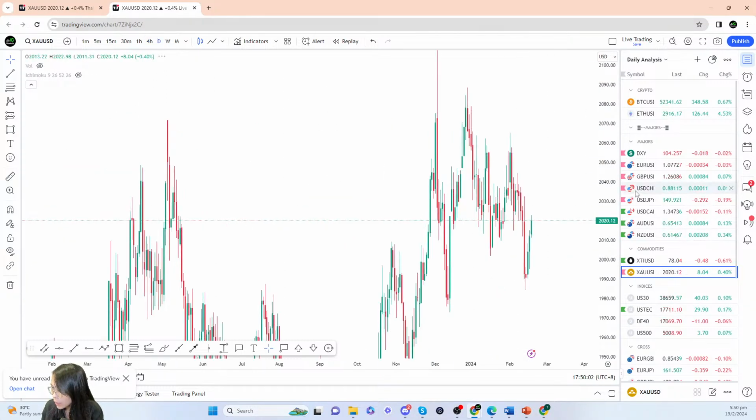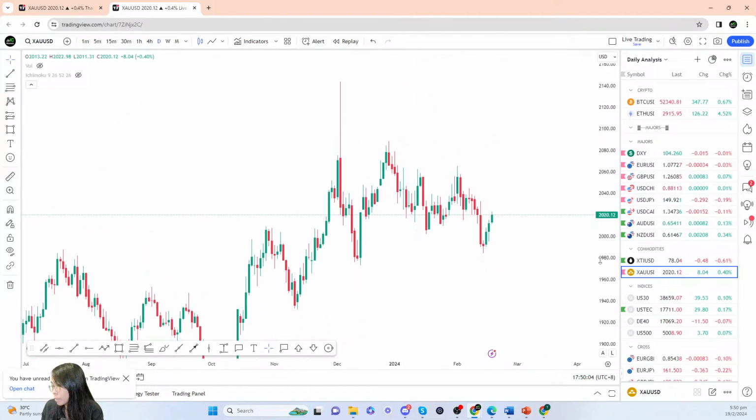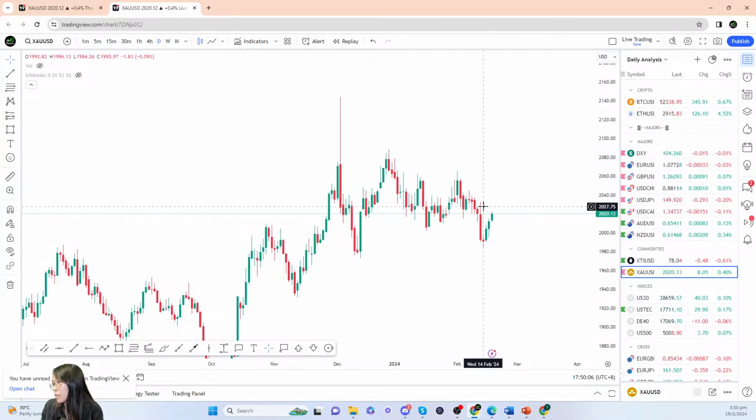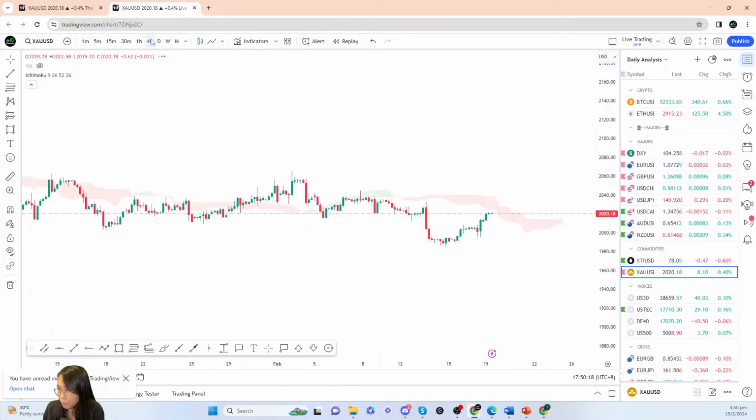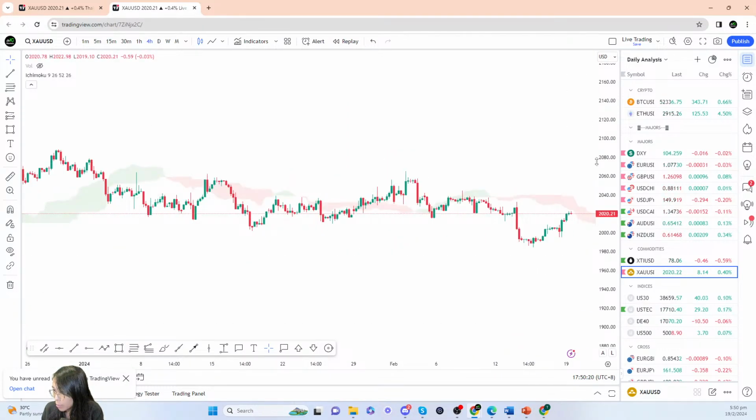On the daily time frame it is still bearish, similar to the H4 chart, rising up to the Ichimoku cloud, so momentum could change.